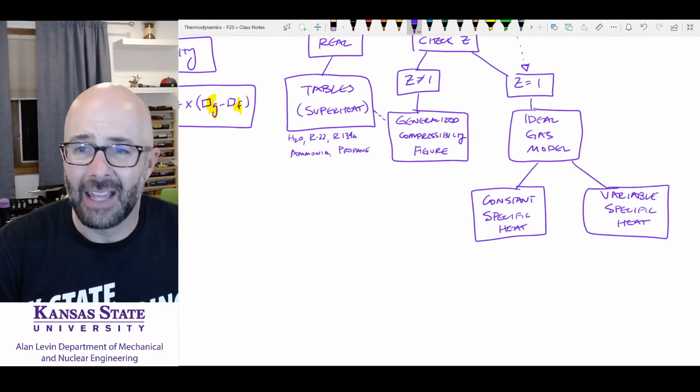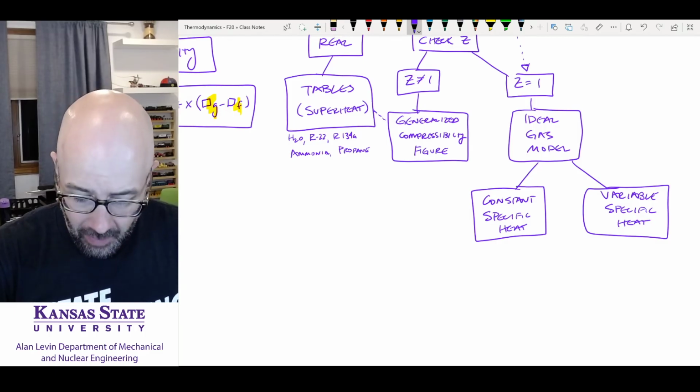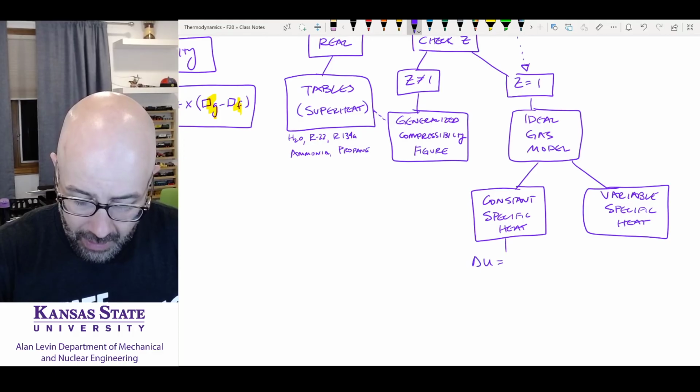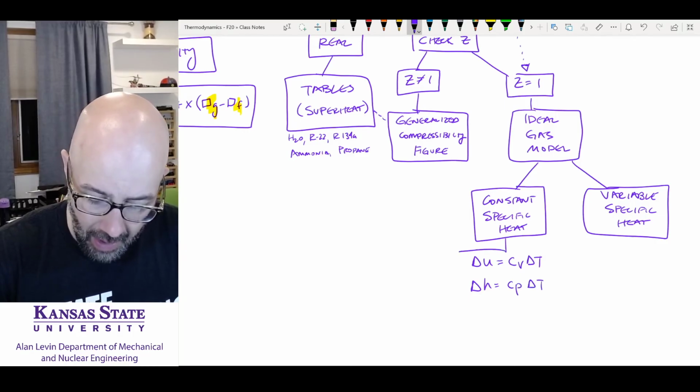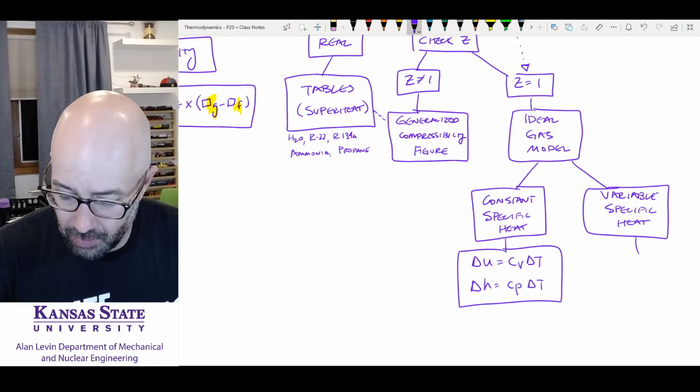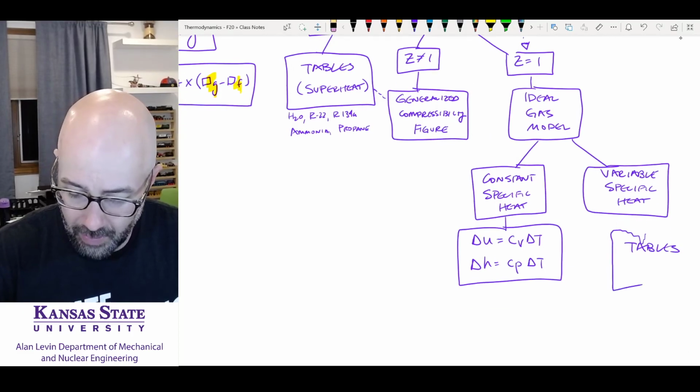For constant specific heat, we are going to use delta U equal to C sub V delta T, and delta H equal to C sub P delta T. For variable specific heat, we're going to use the tables.